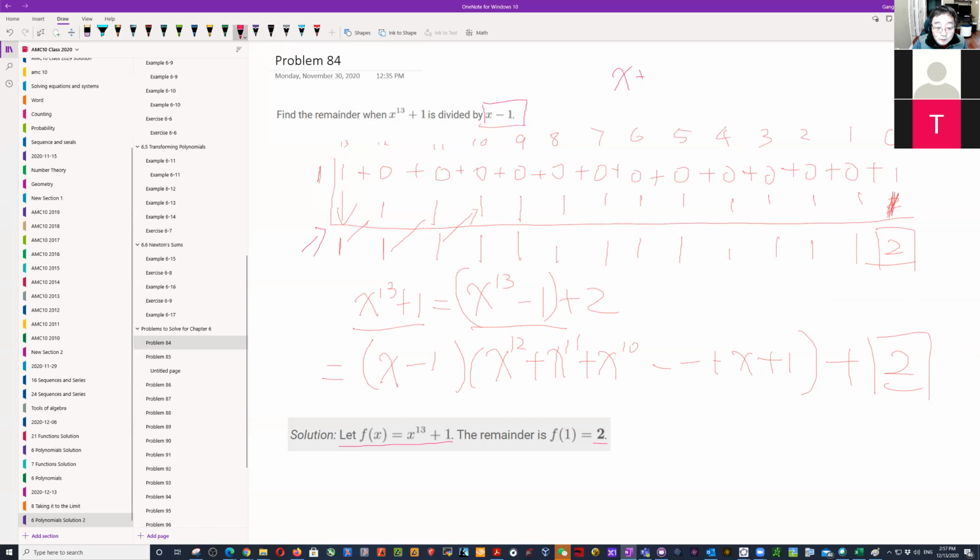Because when you divide a polynomial by a linear term, the remainder will always be a constant. So first, the concept is that the remainder will be constant.